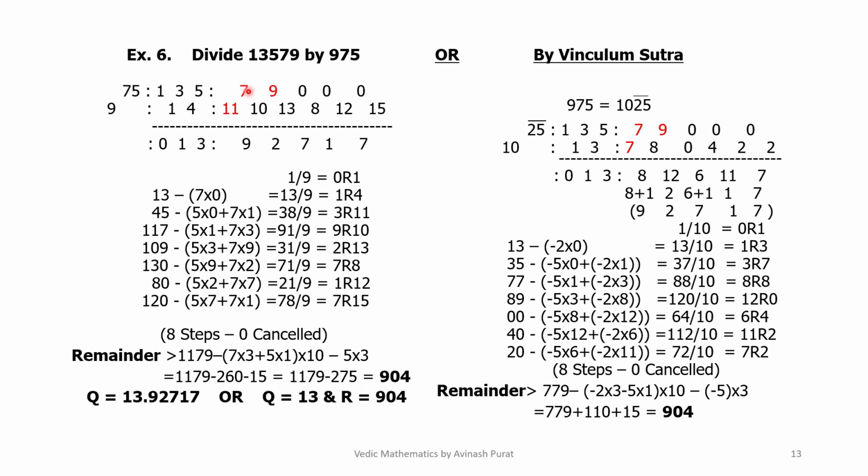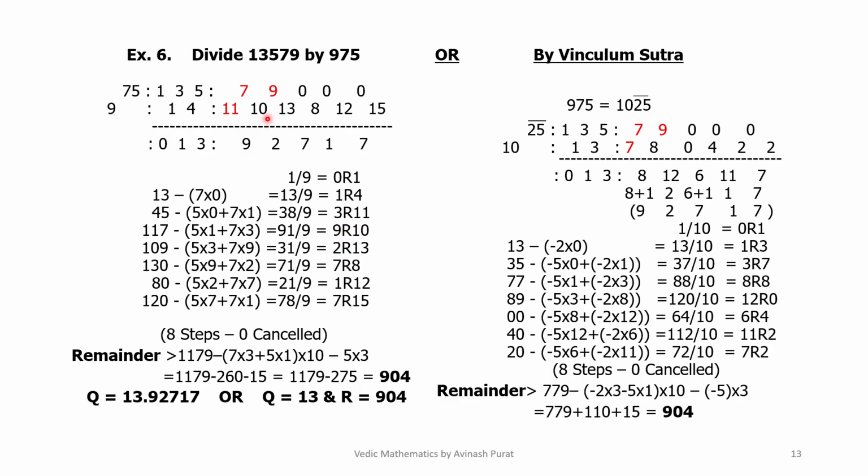Now 117 minus (5 into 1 plus 7 into 3), that is 5 and 21, 26. 117 minus 26 is 91, divided by 9 equals quotient 9 and remainder 10.